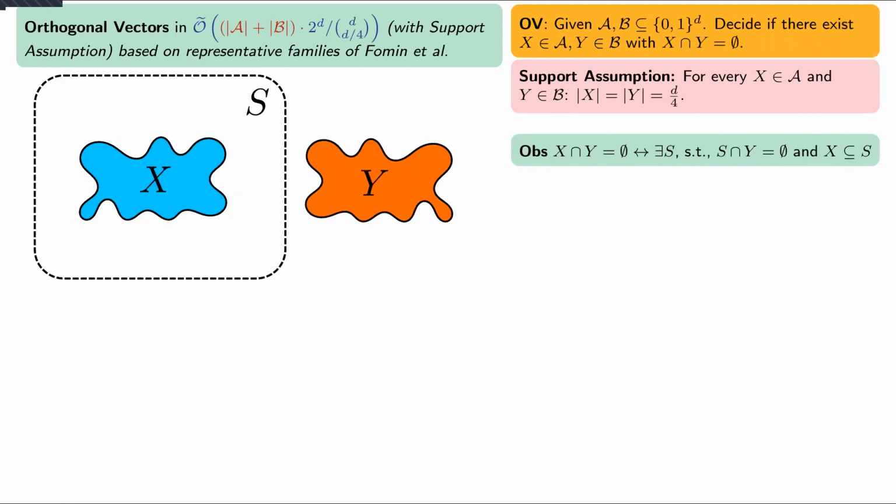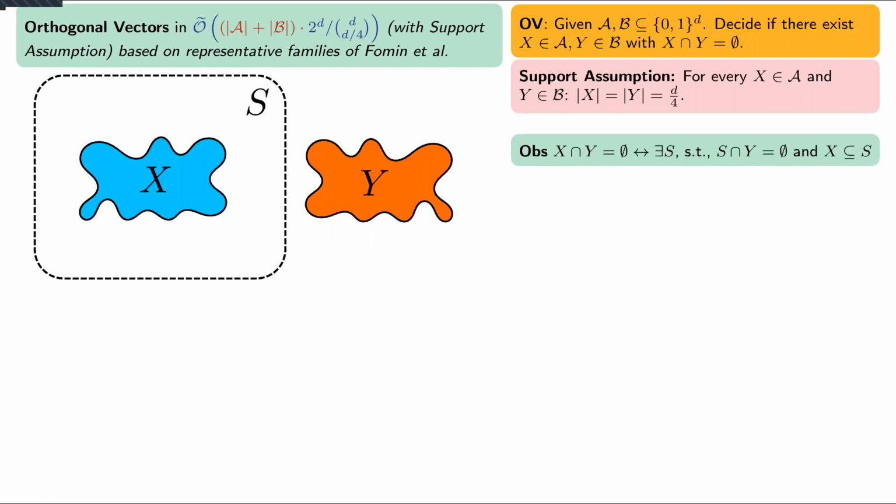So first, a simple observation. You are given two sets, X and Y, and you want to certify that they are disjoint. If they are disjoint, there must exist a set S, capital S, that is disjoint from Y and contains all elements of X. And it works the other way around as well.